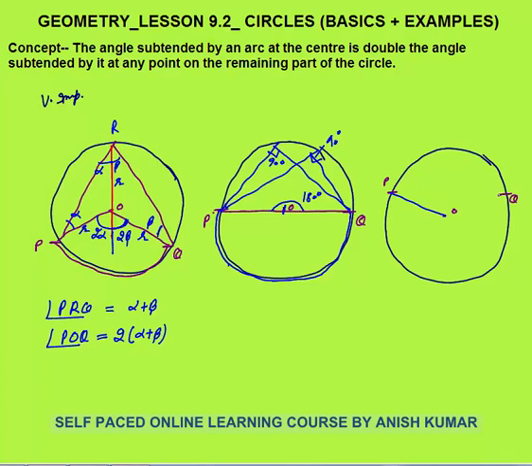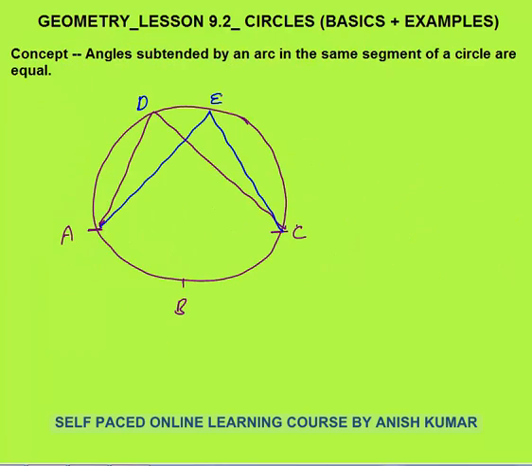The angle subtended by arc PQ at the center will be double the angle subtended by it on the remaining part. If this angle is x, this angle will be 2x.